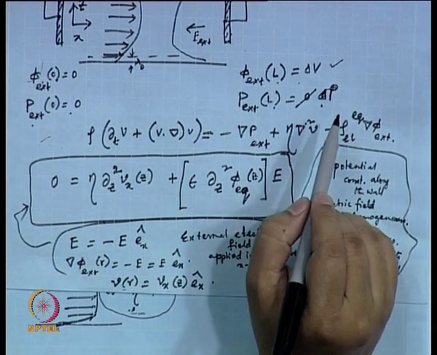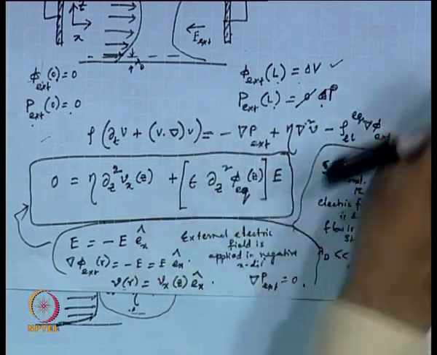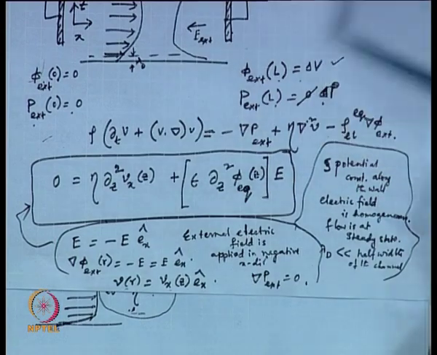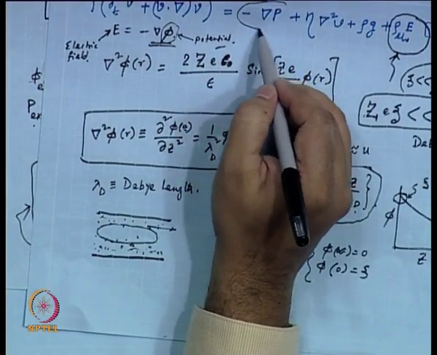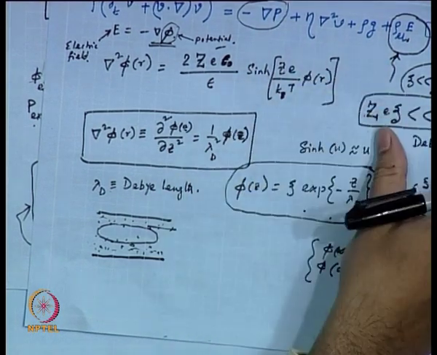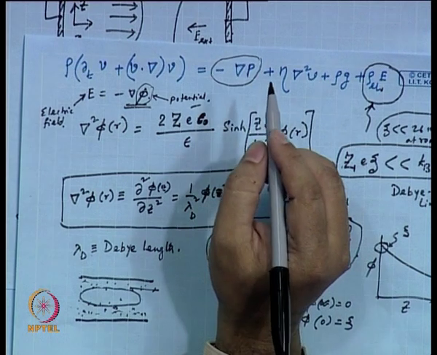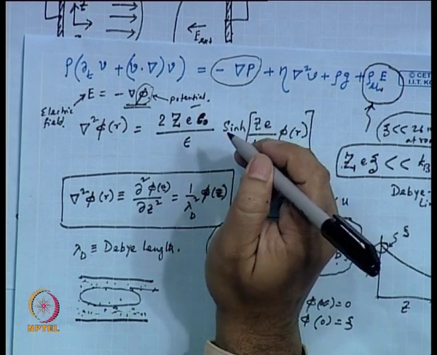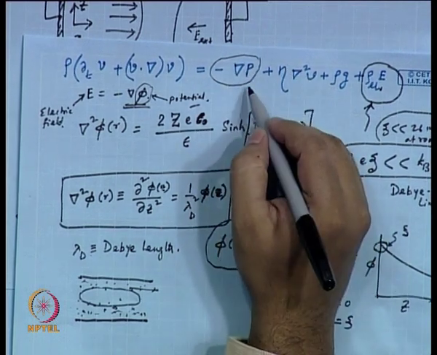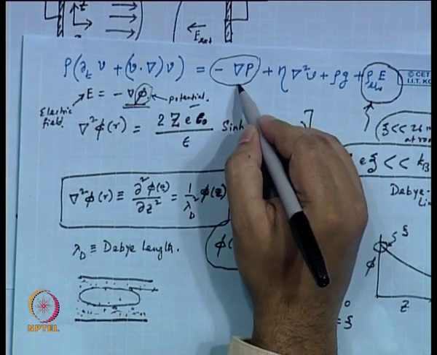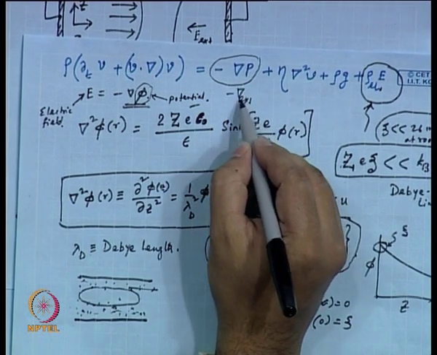In the Navier-Stokes equation, we had this del p term earlier, but it was not used at all. Now, we will use this del p term in the sense that it would be minus delta p external.